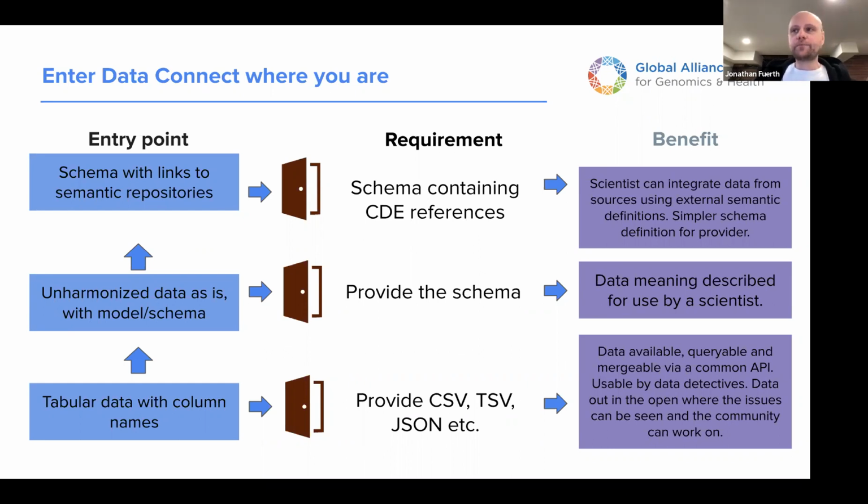So moving up to the second door here, you may have data that has some sort of a data dictionary, a model, a schema that describes the data in more detail than simply just column names. And here, it may not be harmonized in the sense that it doesn't conform to a model that any other data set uses, but it's a lot more information than just the names of columns.